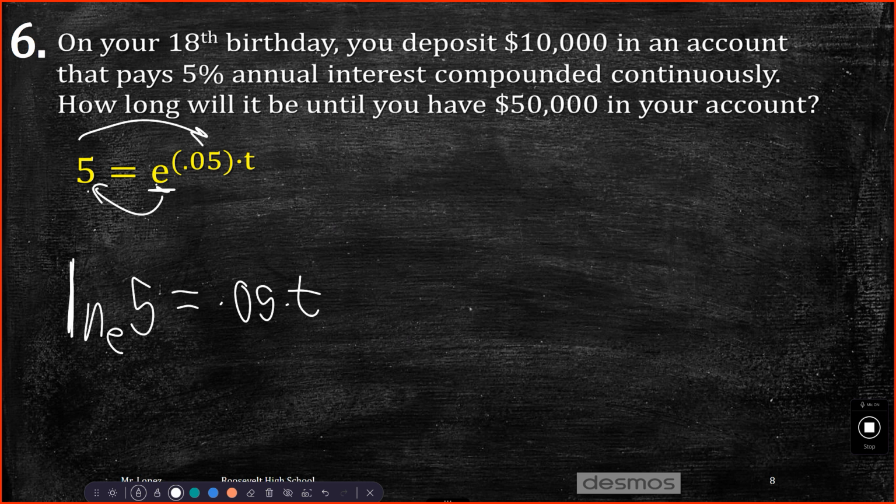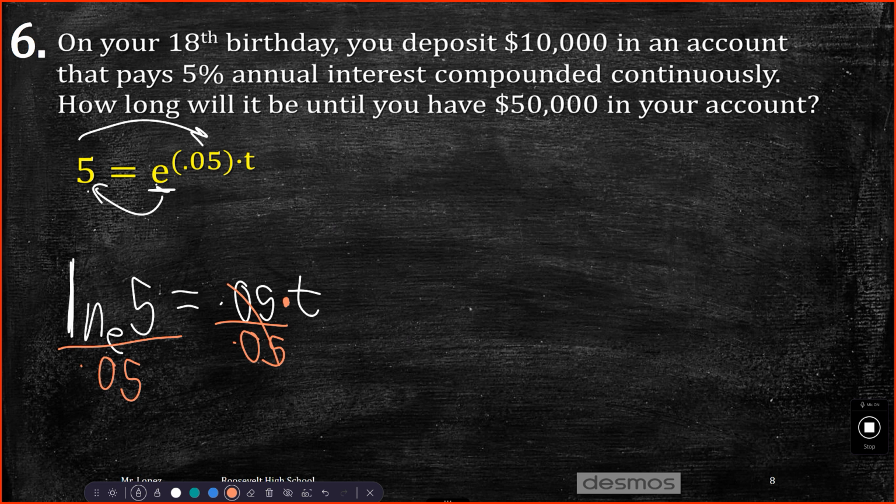How do I get the t by itself? This is simple elementary school math. Divided by what? 0.05. So the calculator again automatically knows that the base is e.